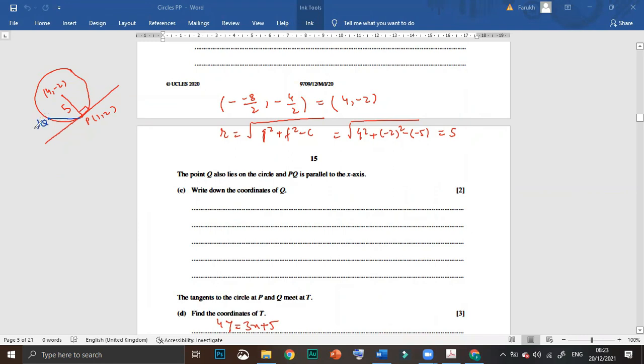This one is point Q. Now, if a line is parallel to the x-axis, then its y coordinate is the same. P has the y coordinate 2, so Q also has the y coordinate 2.